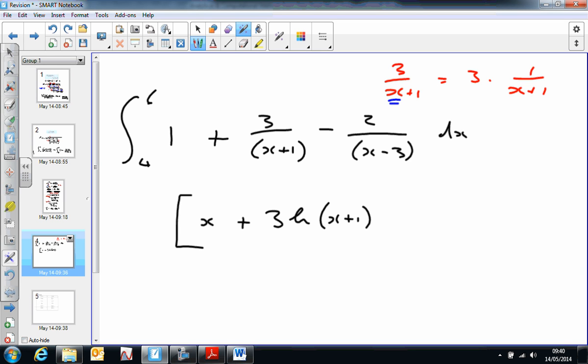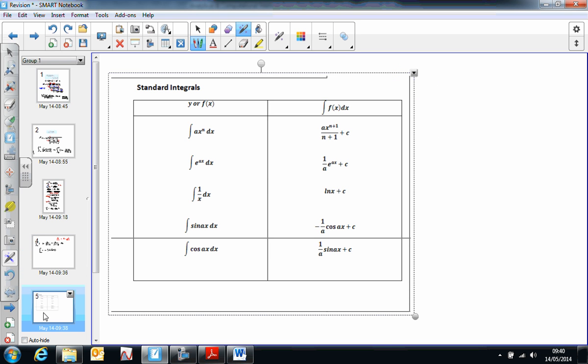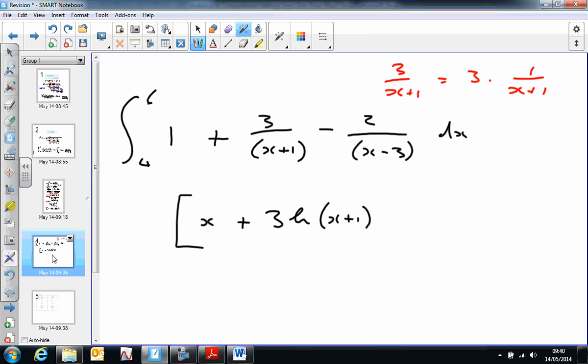So as a little aside to this, I'll just run through what's going on here, because actually the standard integral isn't telling you that it's just x underneath here, and we've got not x but x plus 1 or x minus 3, so it's not quite the same. So remember what we did in this case, we actually let u equal x plus 1 and used integration by algebraic substitution.